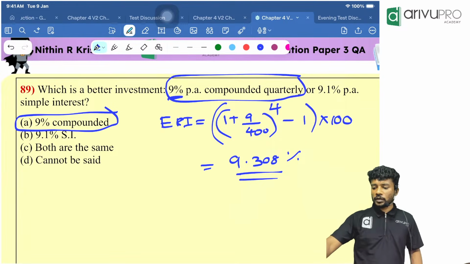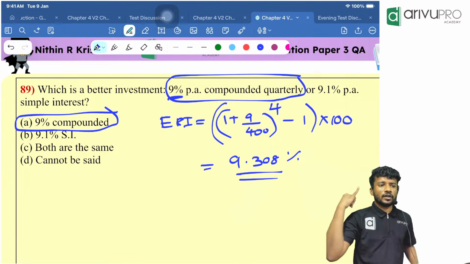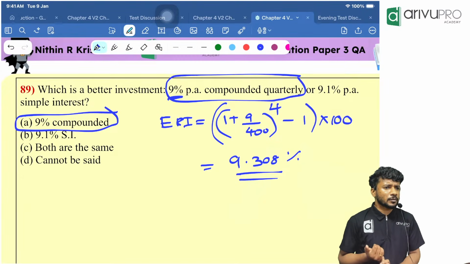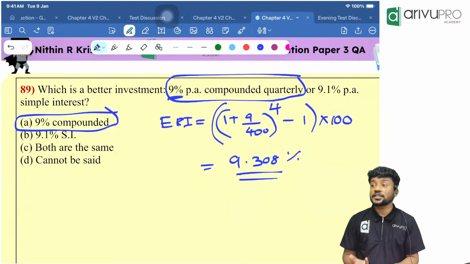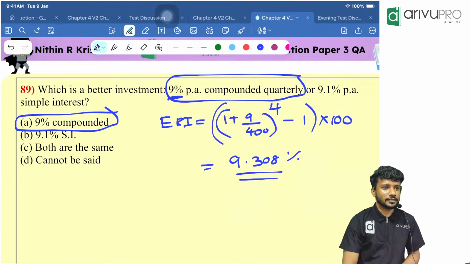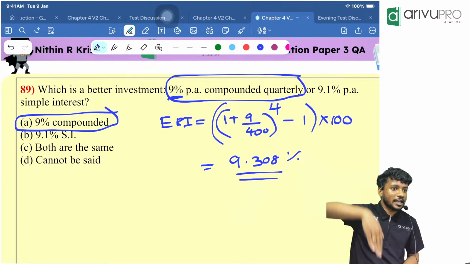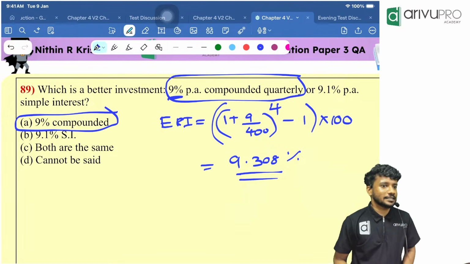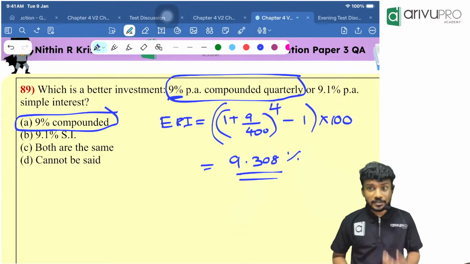So tomorrow our agenda will be first dealing with a concept called depreciation. You know what depreciation is. Depreciation means the value will go down. Over a period of time, the asset value will depreciate. We will study that tomorrow.